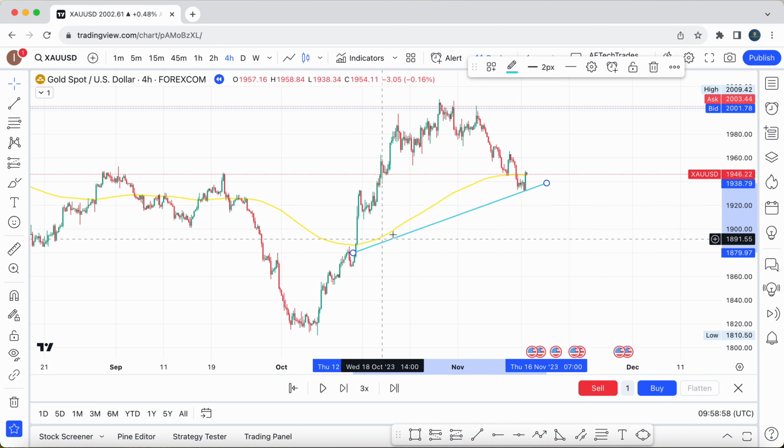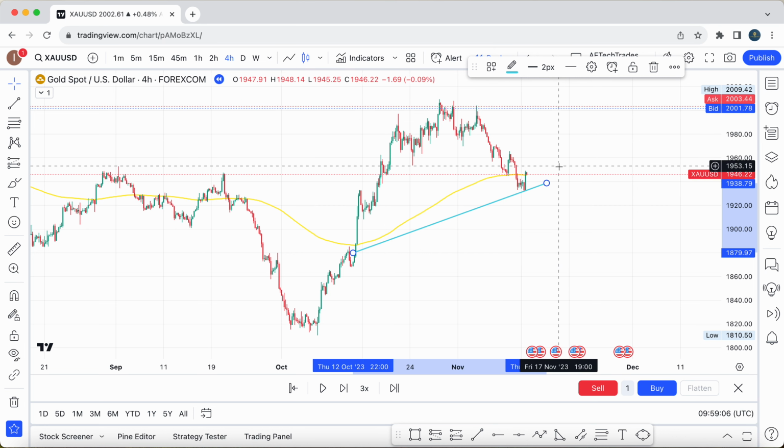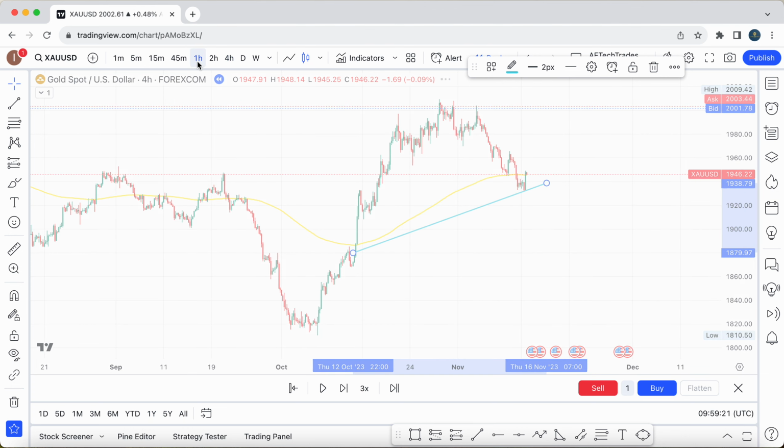The yellow line you can see is the 200 EMA. And when you draw your trend line, the market is still above the 200 EMA. So it is an overall upward trend. The overall trend is still an upward trend on the 4-hour time frame. So let's go to the 1-hour time frame and see.